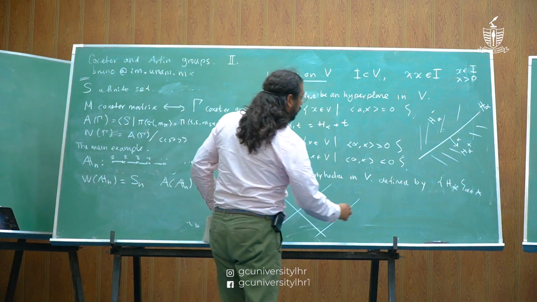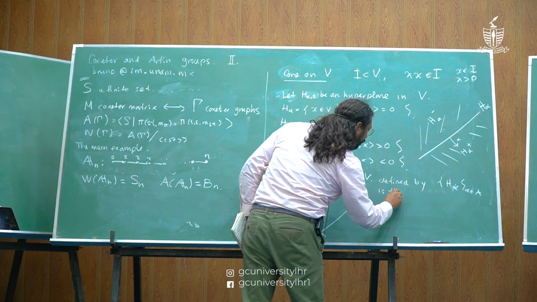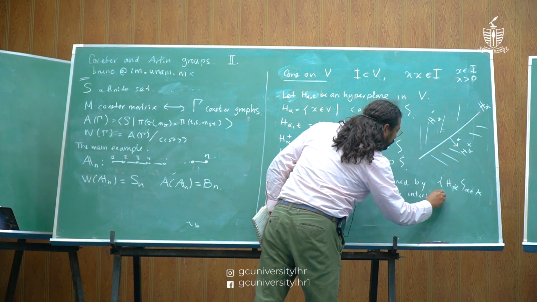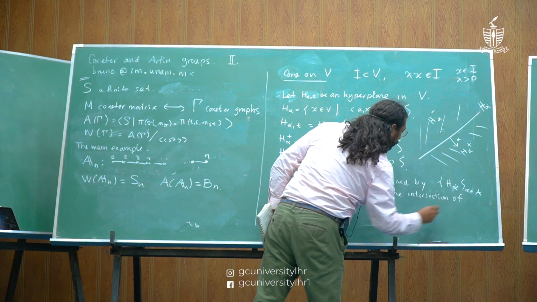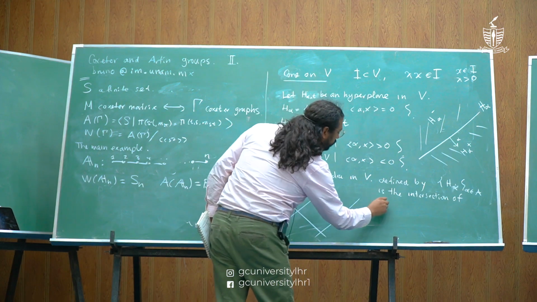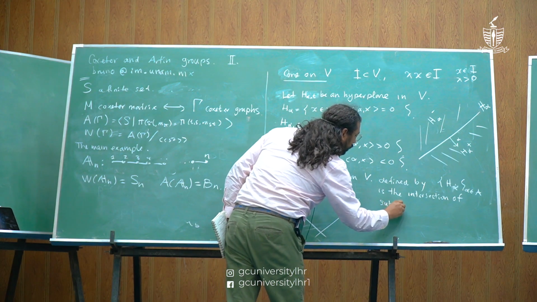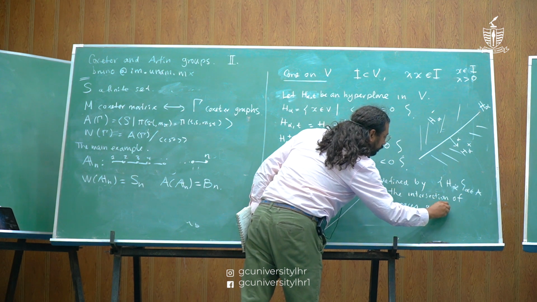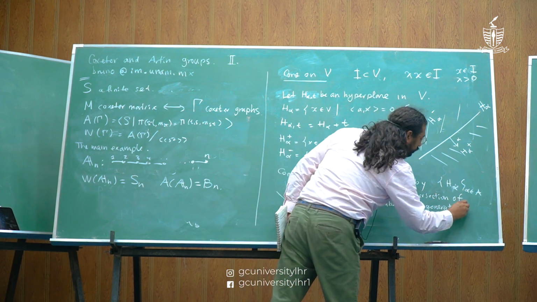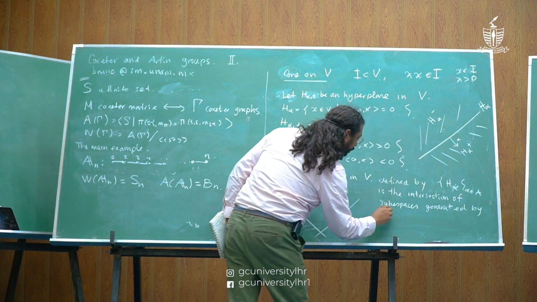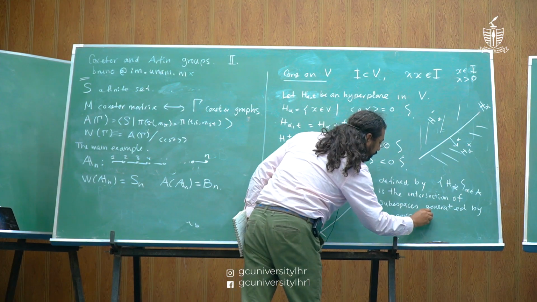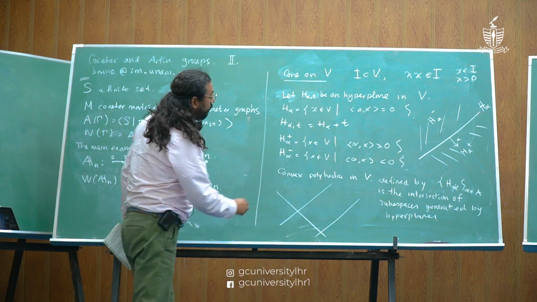Okay, it is the intersection of subspaces generated by hyperplanes, and it will be convex, no?